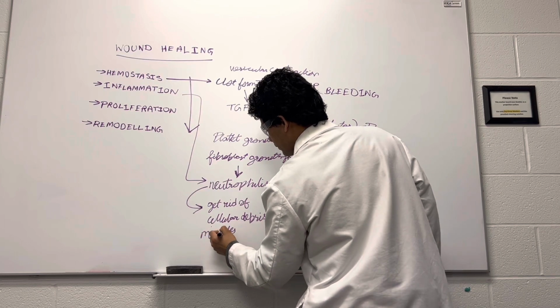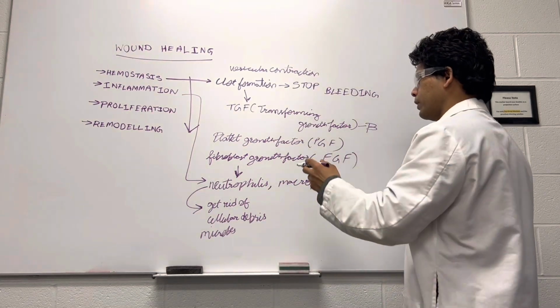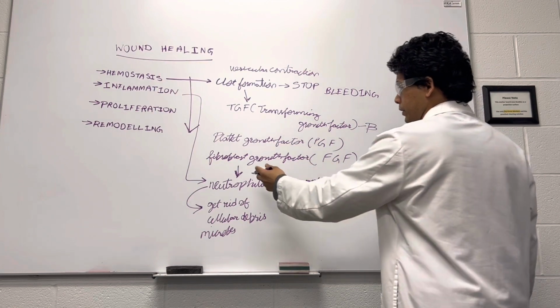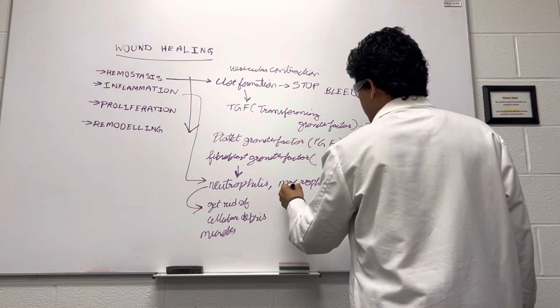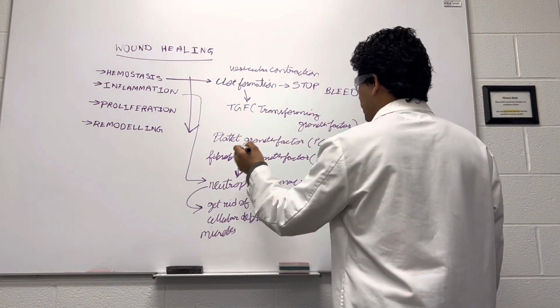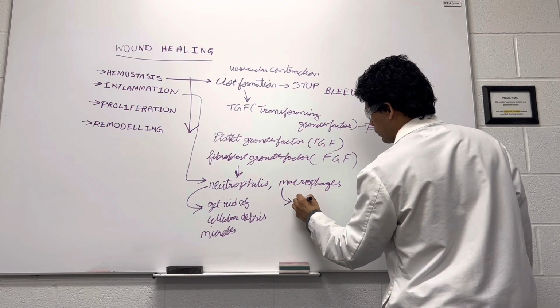And the macrophage's function is also similar to neutrophils. Its function is to get rid of apoptotic cells.